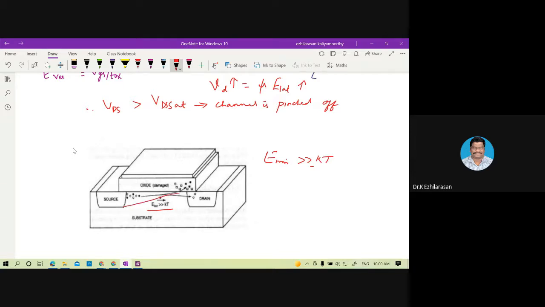The channel is pinched off, and the electrons move into the oxide, then the oxide will get damaged. Then VT increases, and it affects the gate control on the drain current. That is nothing but the hot electron effect.